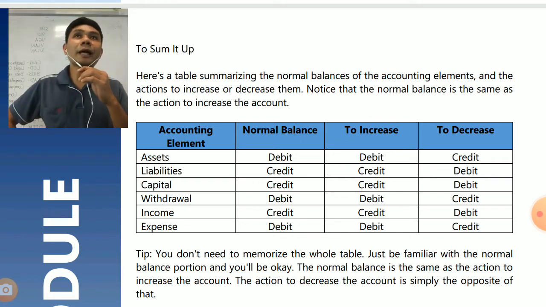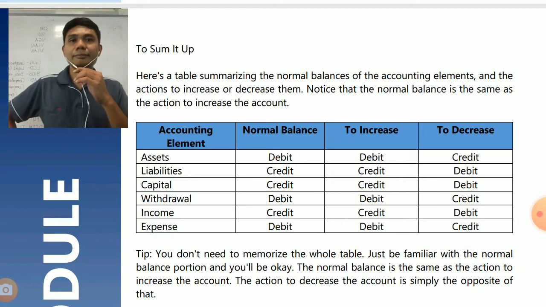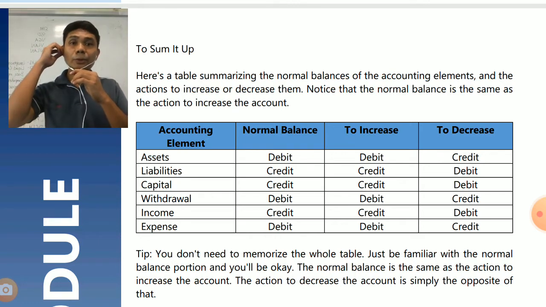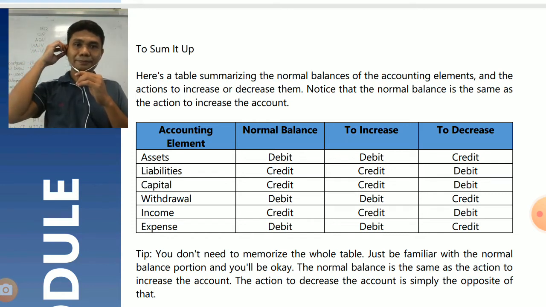Next is capital or equity. The normal balance of capital is credit. So if you want to increase capital, you credit capital. But if you want to decrease it, then you record it on the debit side.